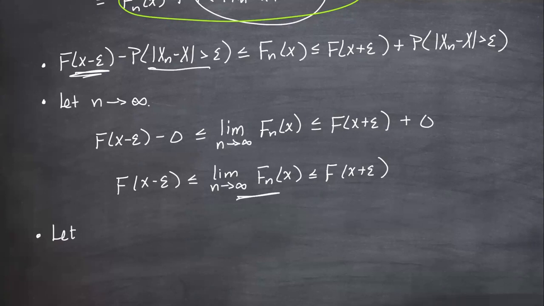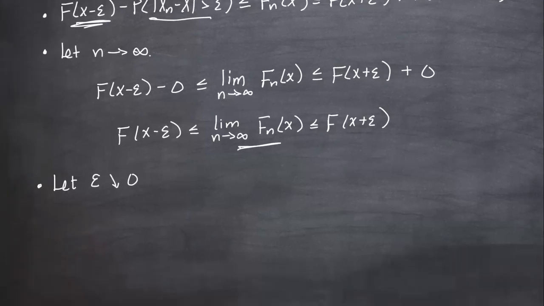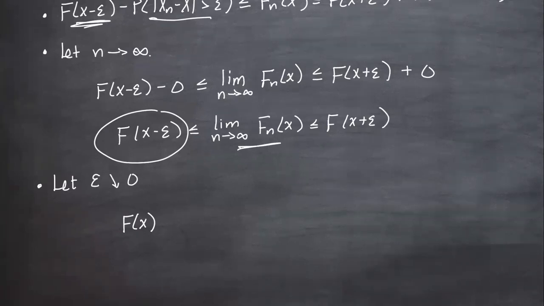It needs to be something positive, and I'm going to let it go down to 0. What will happen as epsilon goes down to 0 is that this will approach capital F of x. And here is where I am using the fact that x is a point of continuity of that CDF.